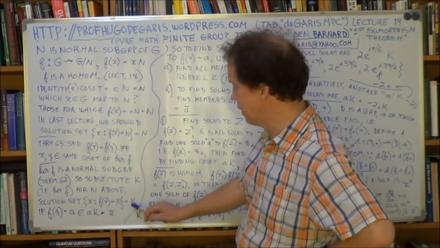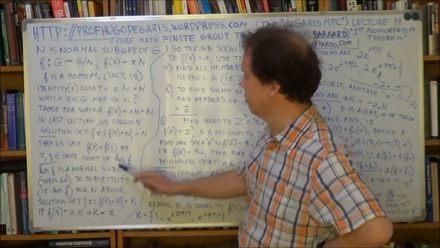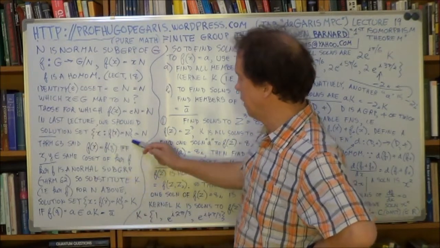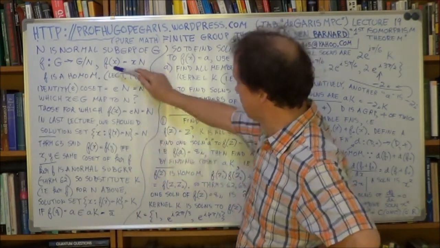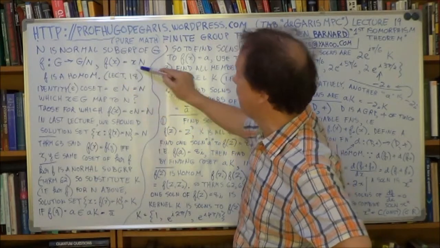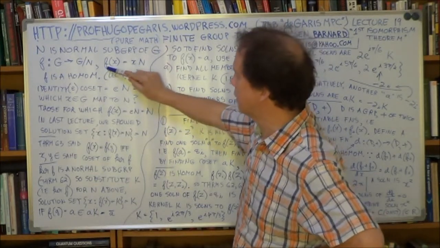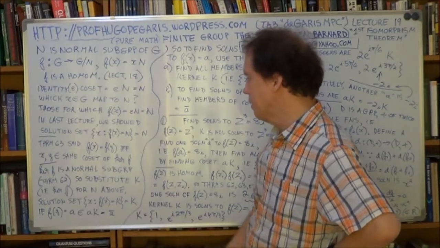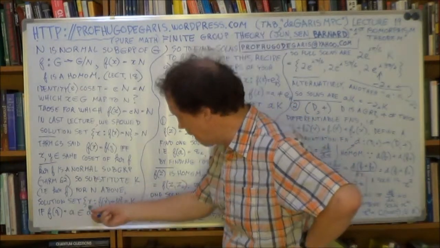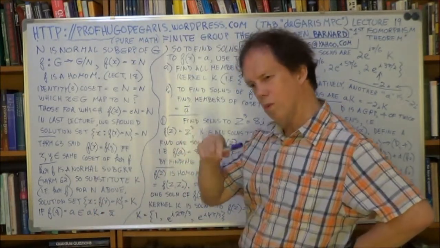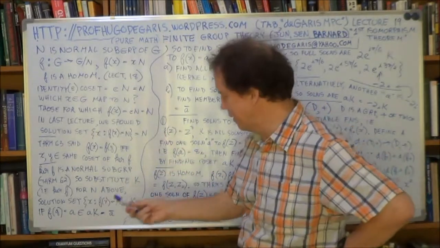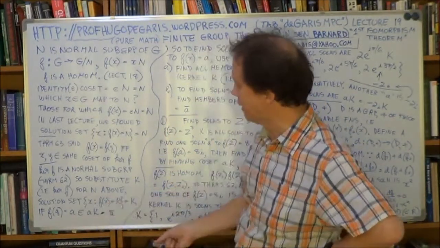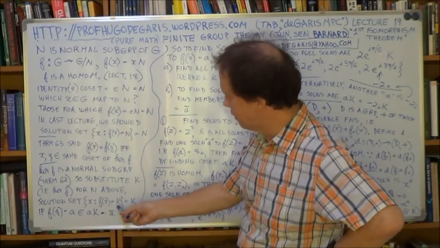K is just a particular example of a normal subgroup. This is true for normal subgroups, provided that, given this mapping, of course, specific to this. So we're now asking the question: what are your solutions, in a sense? What are your x's such that they map into the kernel?